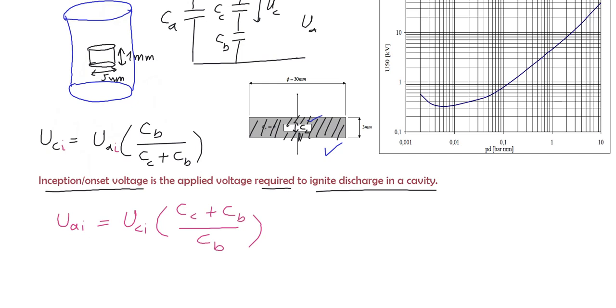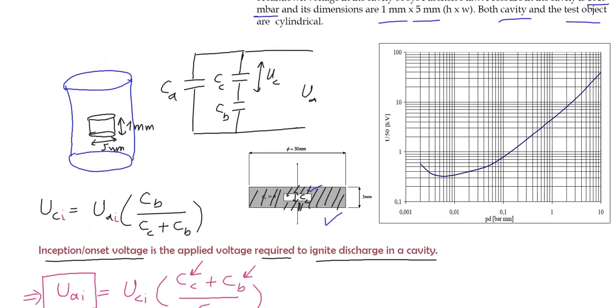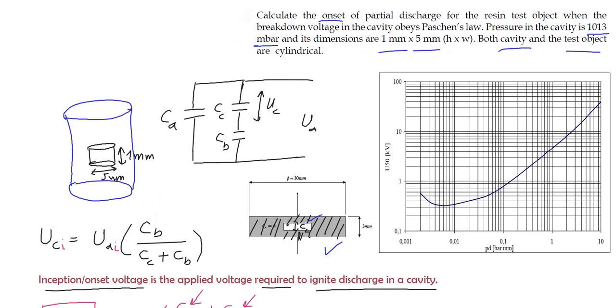Now we need to determine these parameters. We can calculate all these values, CC and CB. How can we calculate? From the graph that represents the breakdown in the cavity as a function of PD, pressure multiplied by the gap distance.